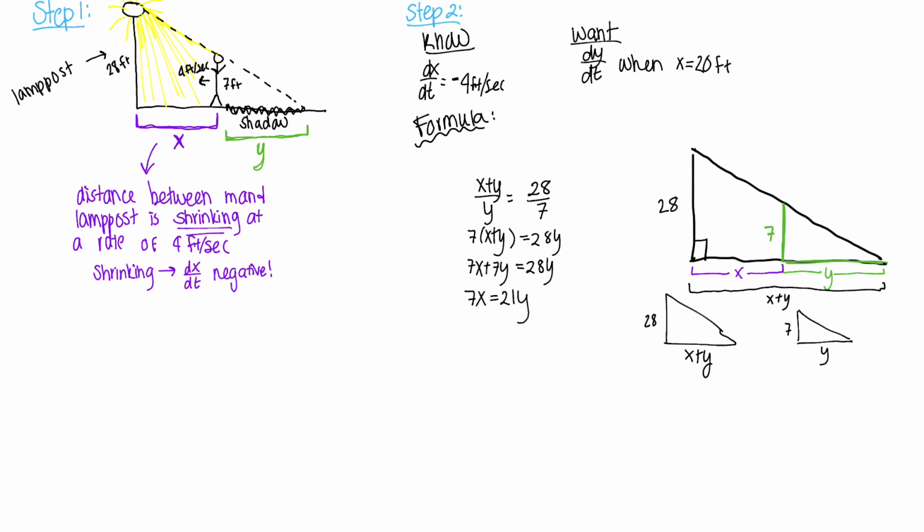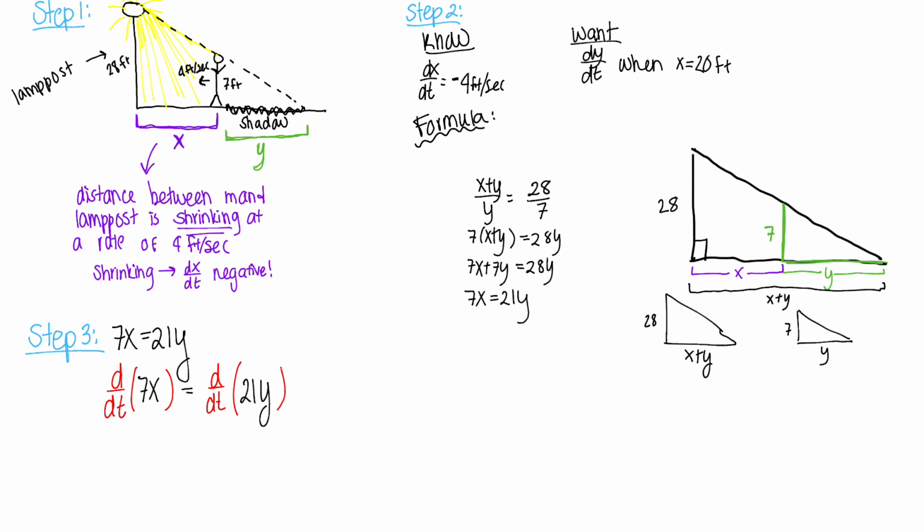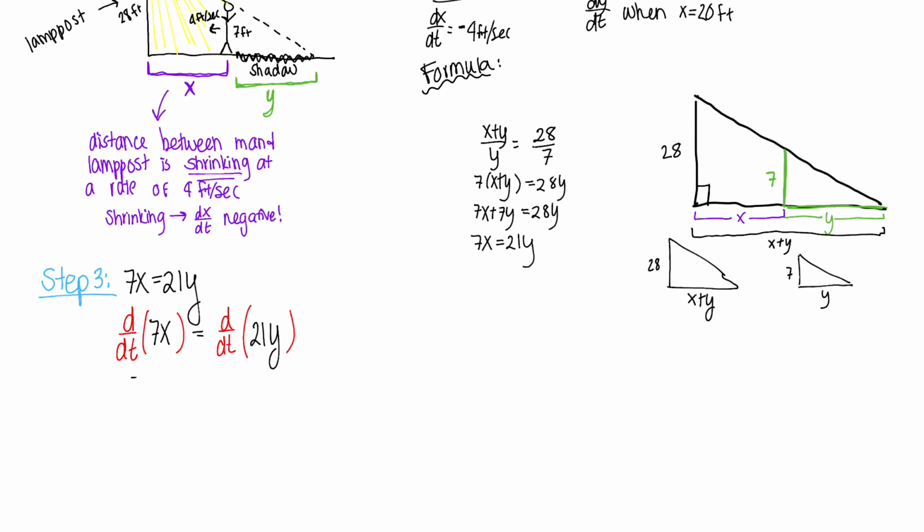So step 3, we're going to differentiate. So we have 7x is equal to 21y. Taking the derivative with respect to time on both sides. So the derivative of 7x would be 7 dx dt equals 21 dy dt.